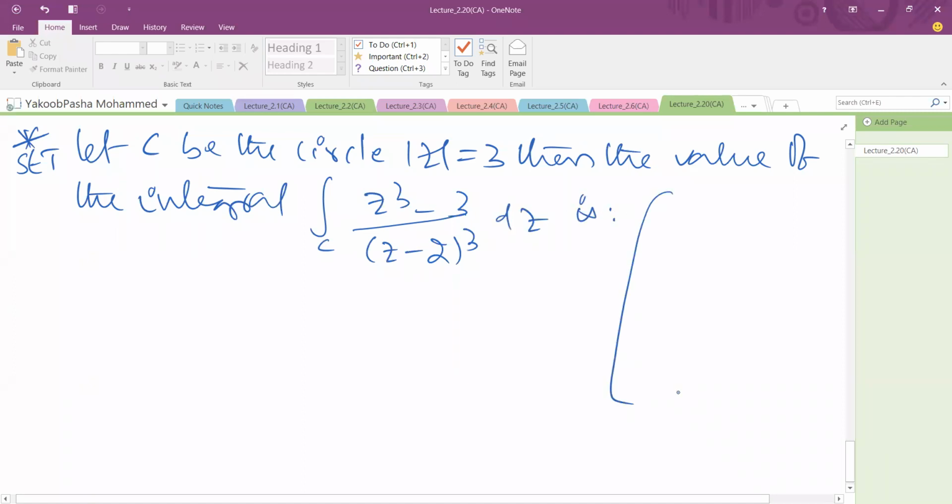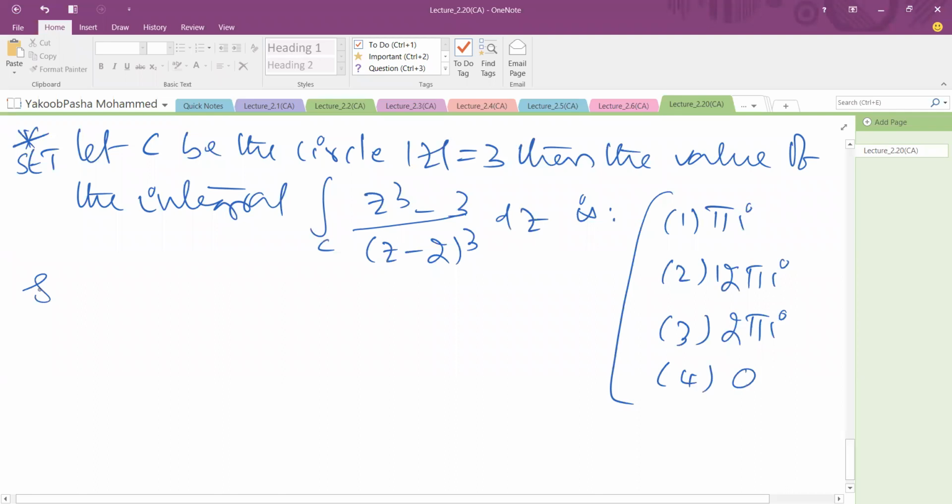We have options here. First option pi I, second option 12 pi I, third option 2 pi I, fourth option 0.